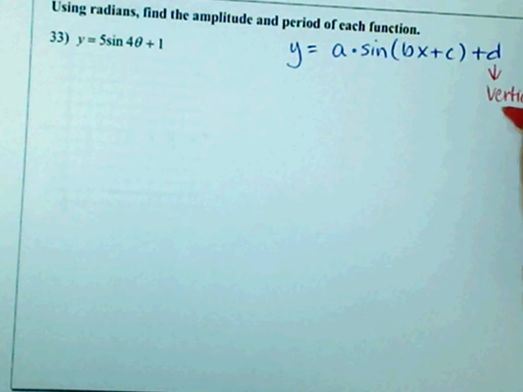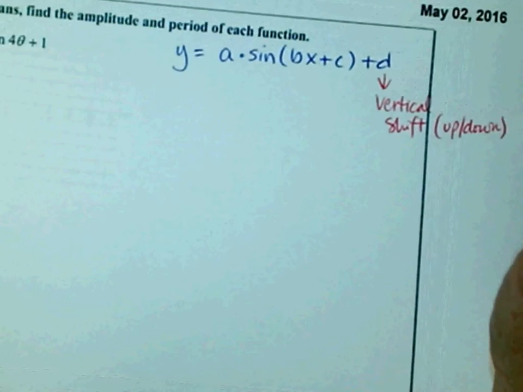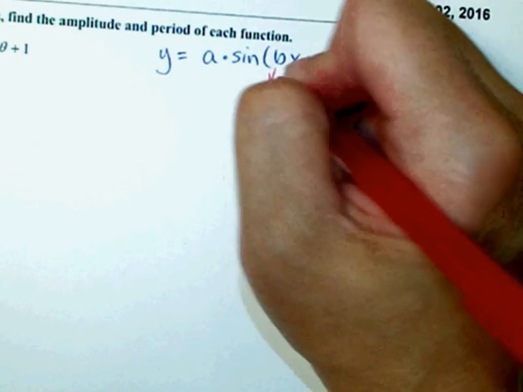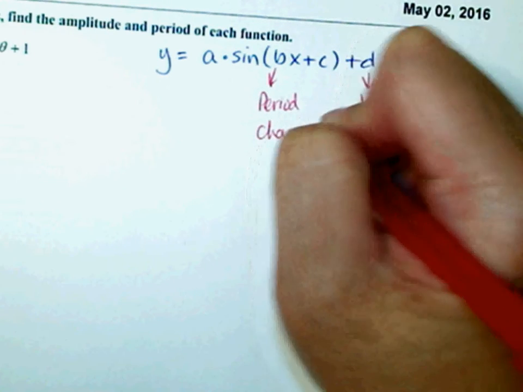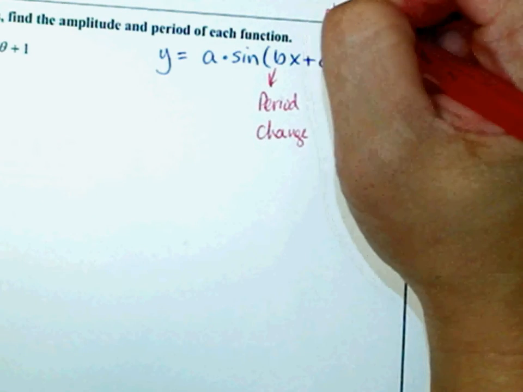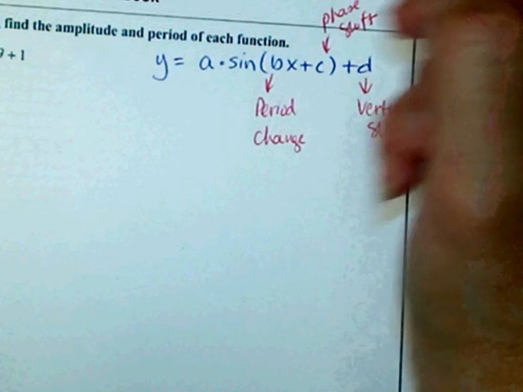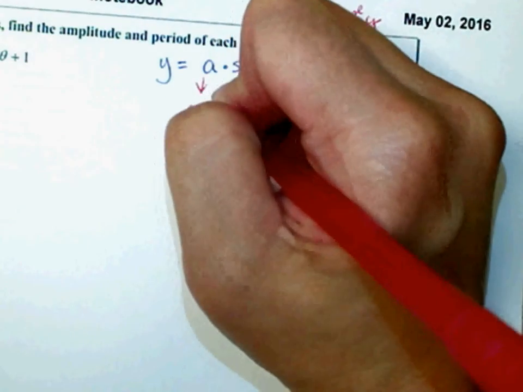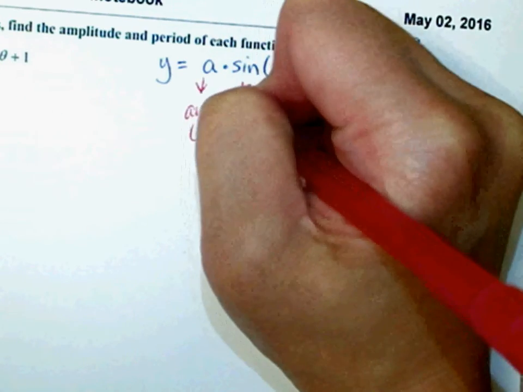This right here is your period change. This here is your phase shift. That's going left and right. And here is your amplitude, which is always your radius every single time. So, knowing that, you can find out what these are.